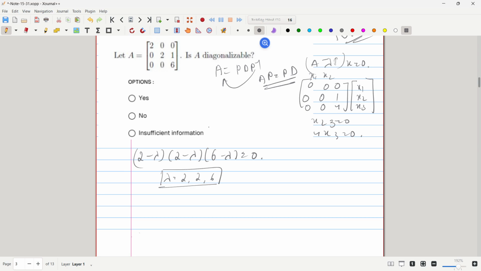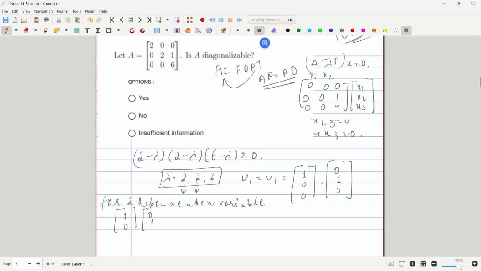Now, as you can see, there are two same eigenvalues. So the eigenvectors v1 and v2 will be 1, 0, 0 and 0, 1, 0. If someone does not understand this concept, for two dependent variables, the basis will be 1, 0 and 0, 1.